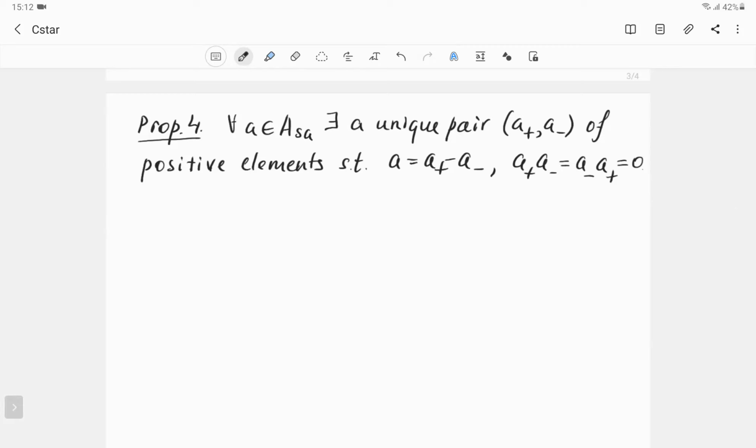Before we prove this result, let's observe that if A is the algebra of continuous functions on a compact Hausdorff space, then the result is more or less clear.